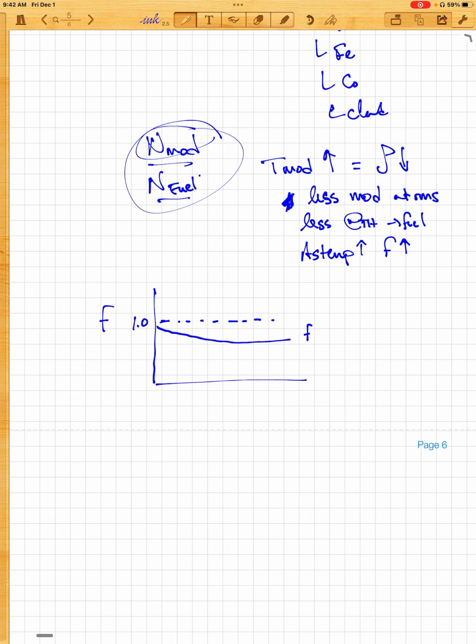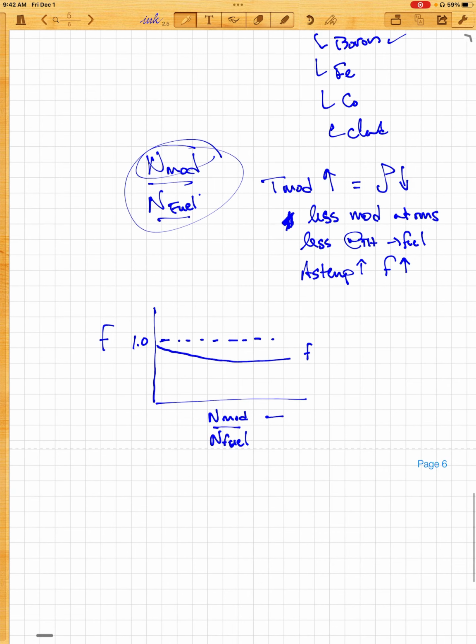And now, this is the moderator to fuel ratio. So density. Now the moderator fuel ratio will rise this direction, and that means density gets bigger in that direction. And that means temperature of the moderator gets big in that direction.